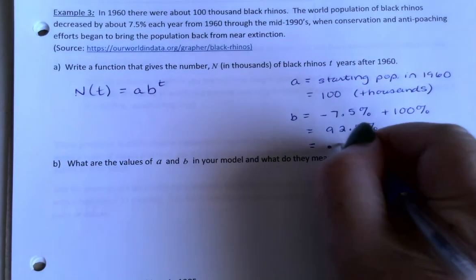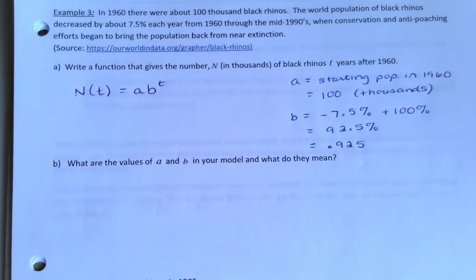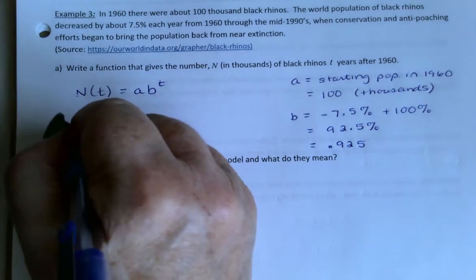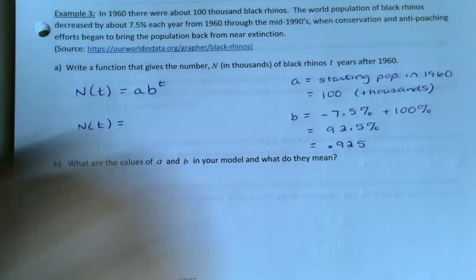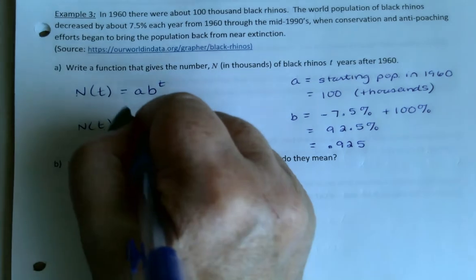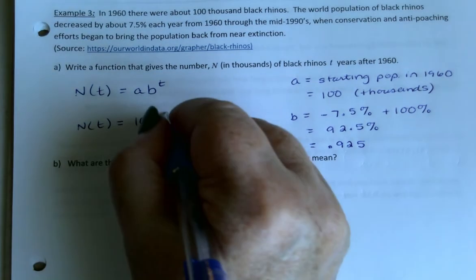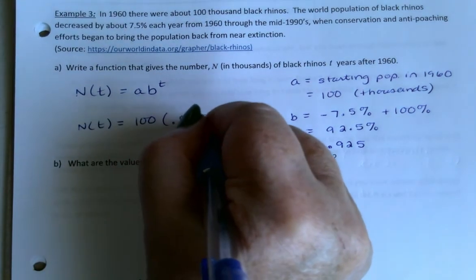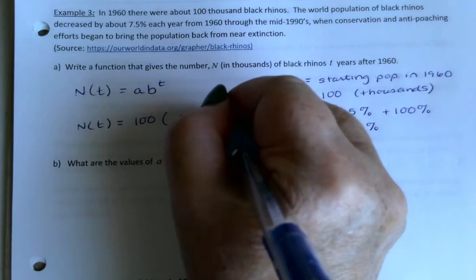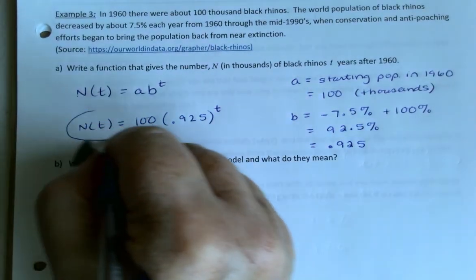And the decimal form of that is 0.925. So my function n of t is going to be 100 for A times 0.925, our B value, to the t power.